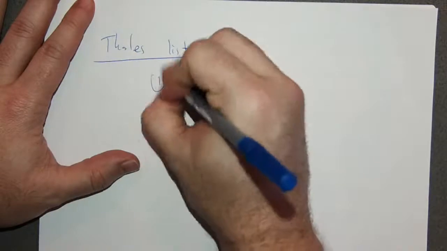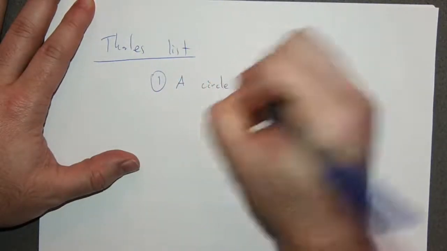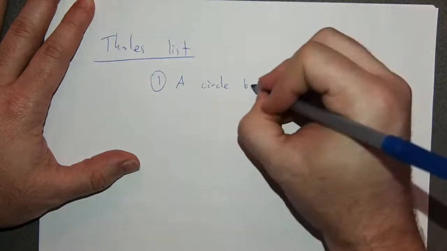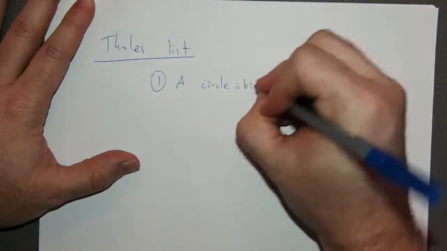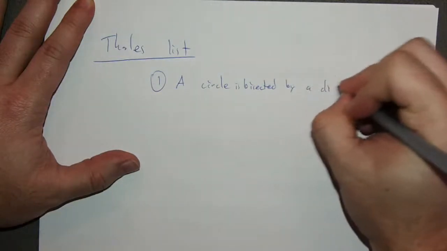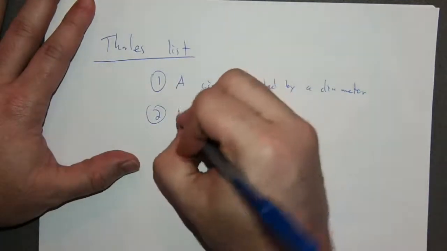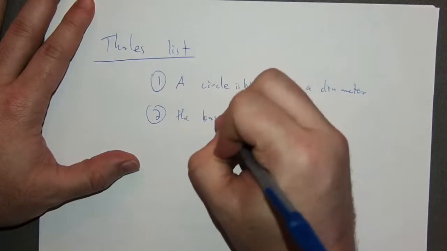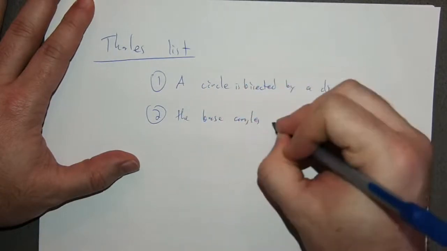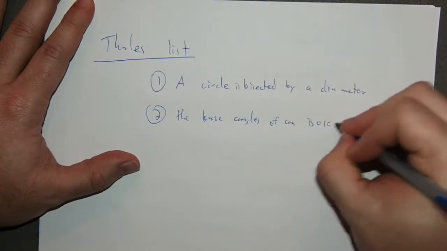So from geometry, a circle is bisected by a diameter of the circle. Okay. So, second thing, the base angles of an isosceles triangle are congruent.